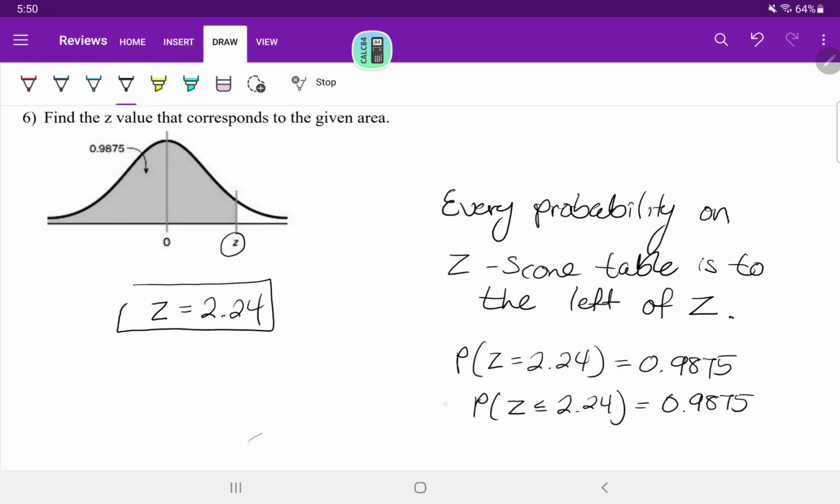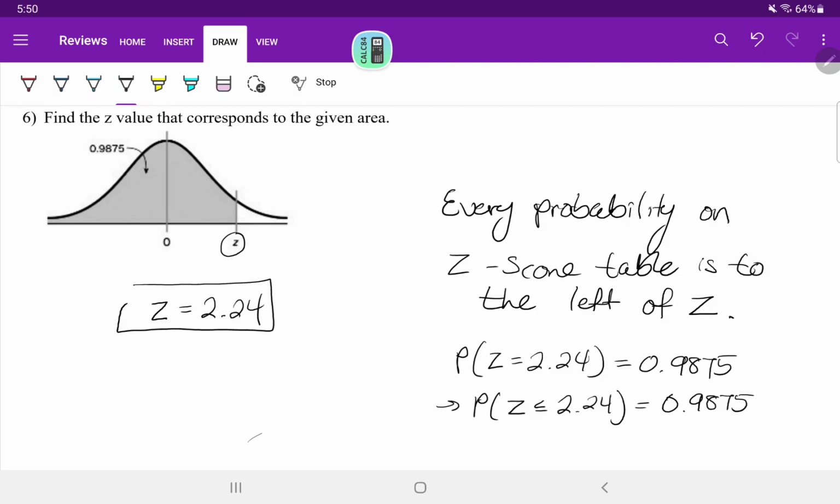And the reason why I wrote it like this is to indicate the direction being shaded of the z-score value. It is being shaded to the left. And I put it like this for a reason, as you're going to see in the next problems.